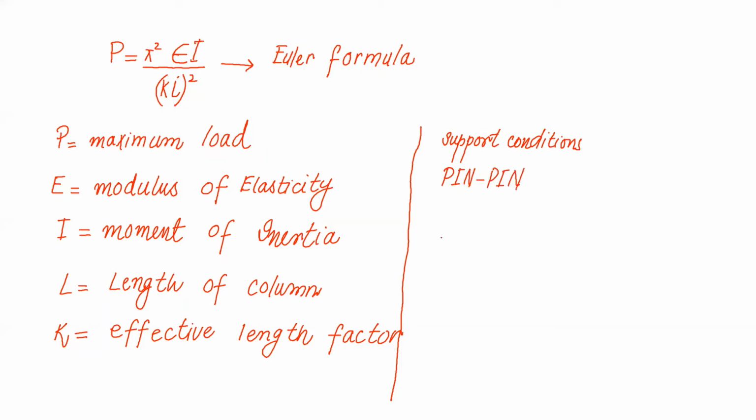And I want to clear one confusion: what is the difference between a strut and a column? A strut is used in truss structures. Then for columns, we have pin-fixed, then fixed-fixed, and after that, fixed-free.